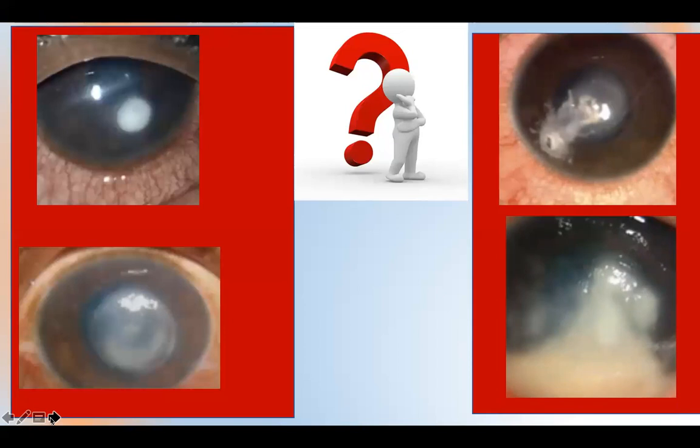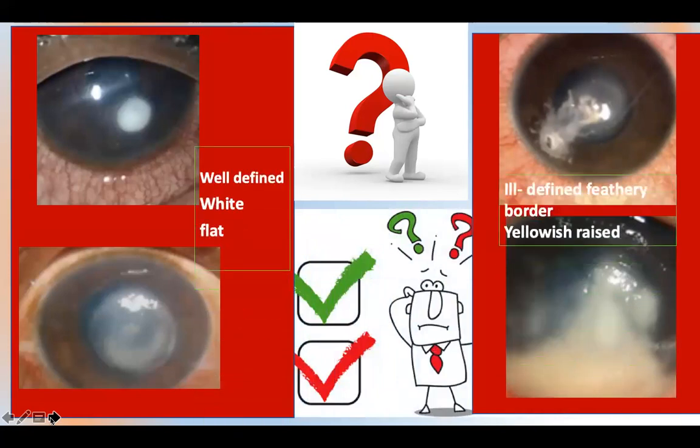If we look at the right side images, in the lower picture there are very fluffy margins, and on the left side there are very sharp margins, particularly in the upper left picture. So you added an extra feature, that this one is raised or fluffy, but the other one is not.